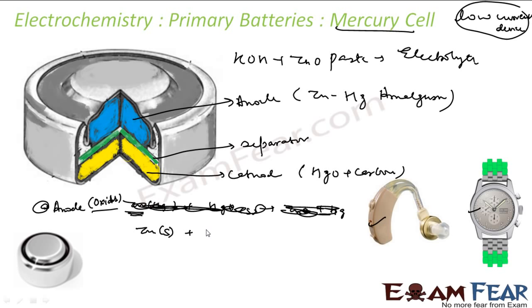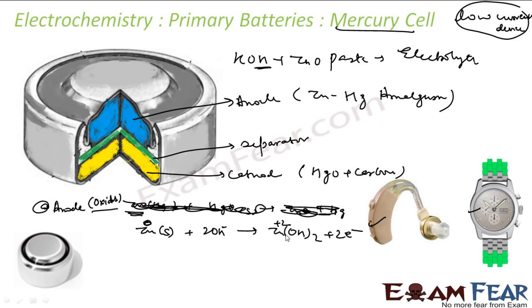It will take 2OH- from the paste, because the paste has some OH-, correct? It will become Zn(OH)2 and give 2 electrons. So this is zinc with zero charge becoming zinc with a positive charge.